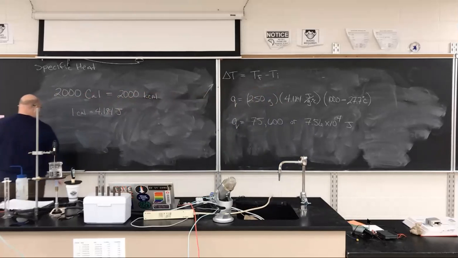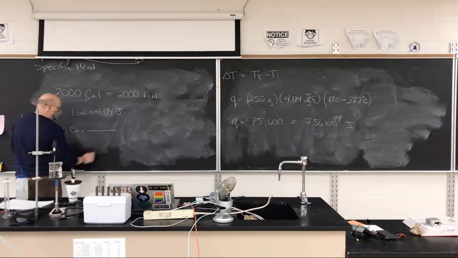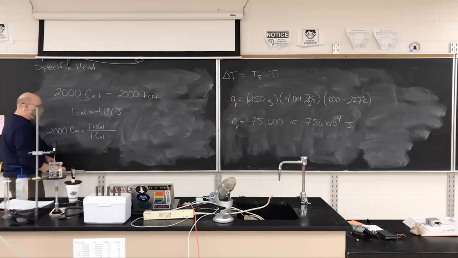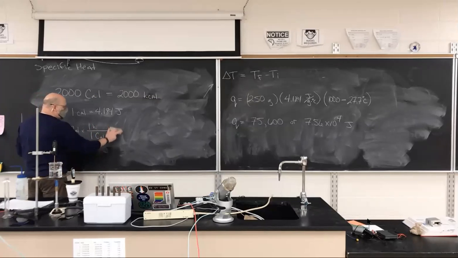So we're going to do a conversion here. 2,000 calories, dietary calories. Now we're going to continue the calculation, but we can get this into calories.